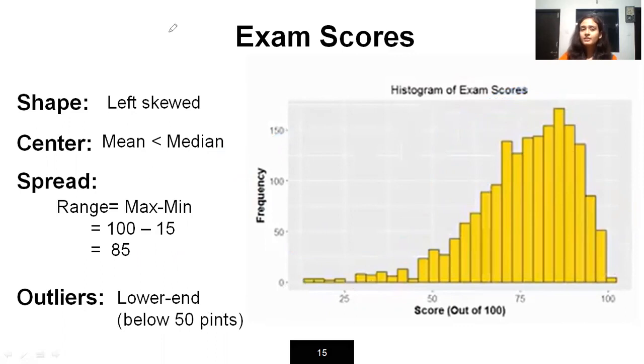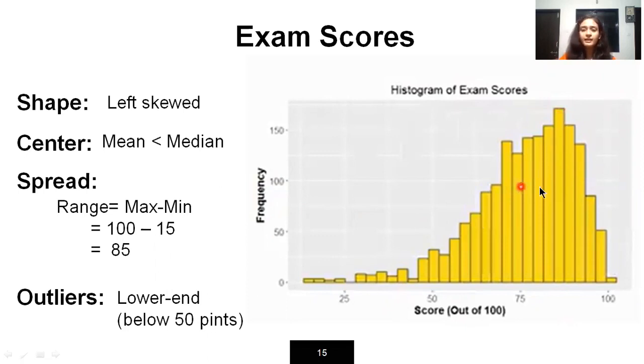Now we will see what this graph is telling. This graph is showing the exam scores of different students. On the x-axis I have the score, on the y-axis I have the frequency. You can see your mode is somewhere over here. Suppose this line shows the score of 85, so the maximum number of students get a score of 85.